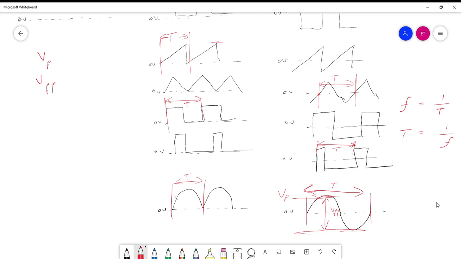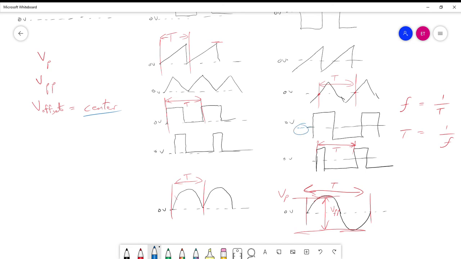Offset. Let's talk about that one. Offset is the center of the wave. So you have to look at the wave. If you're talking about the center of a waveform, let's pick an easy one, right here.